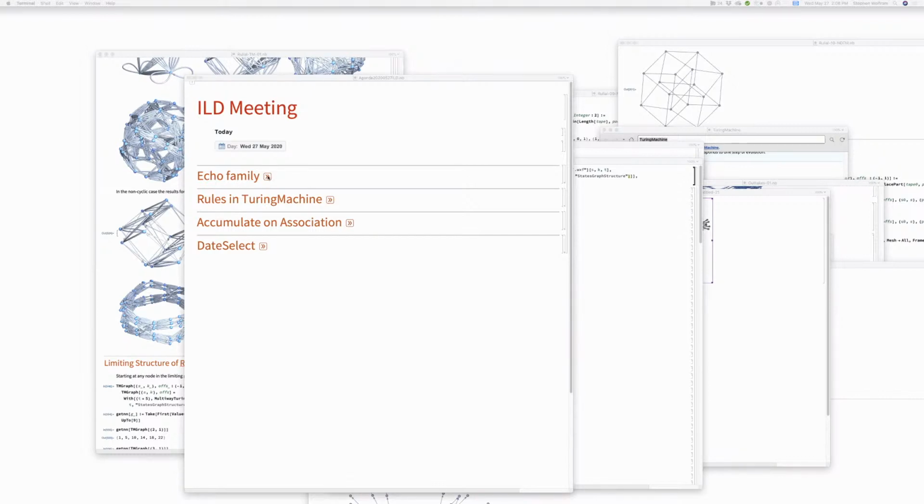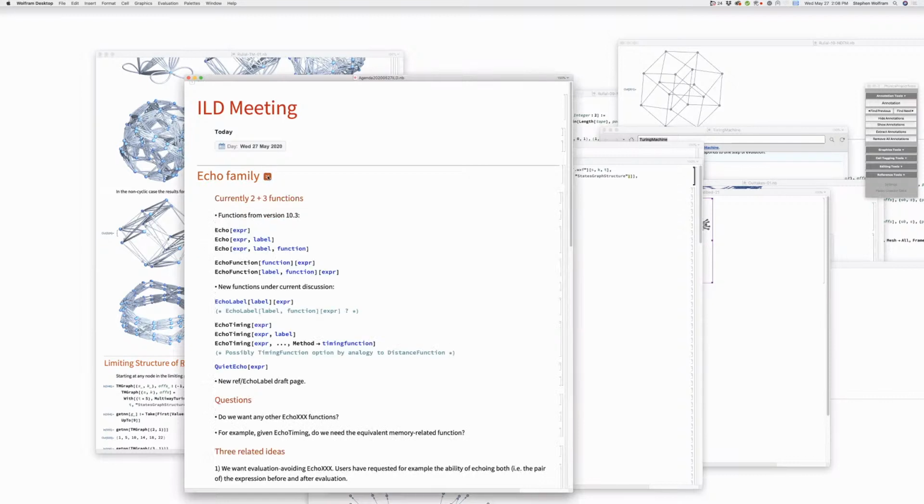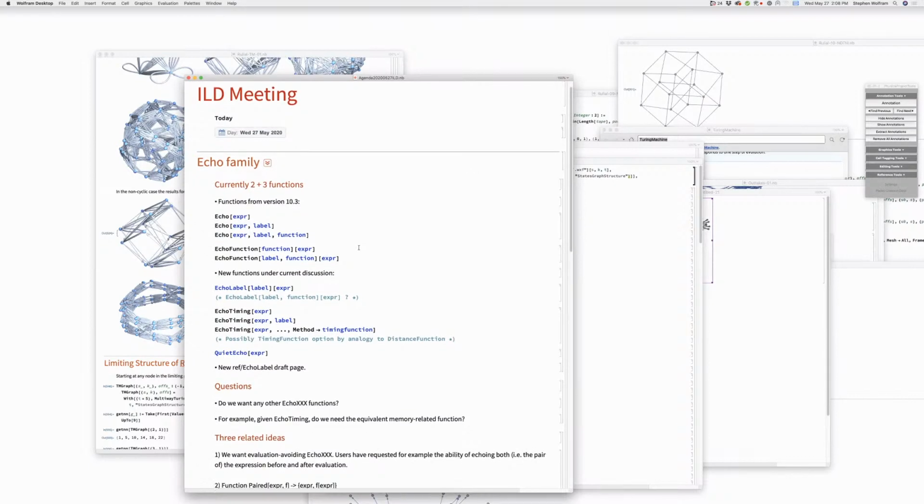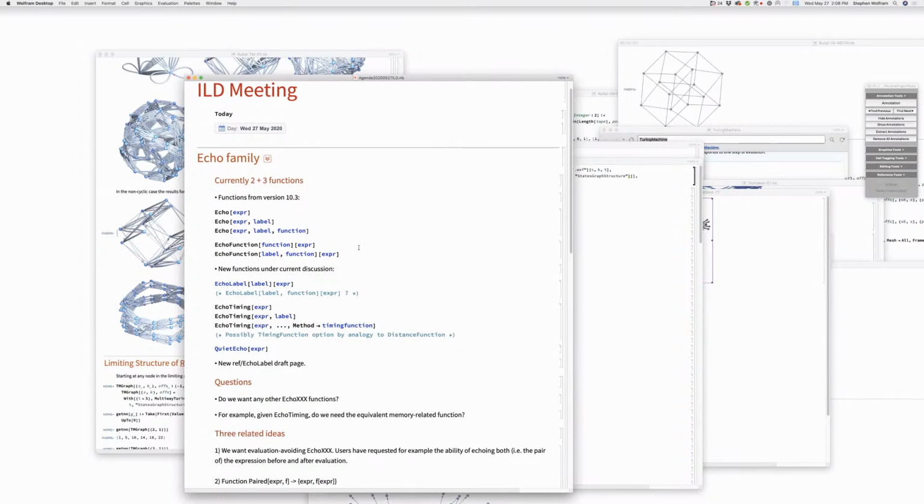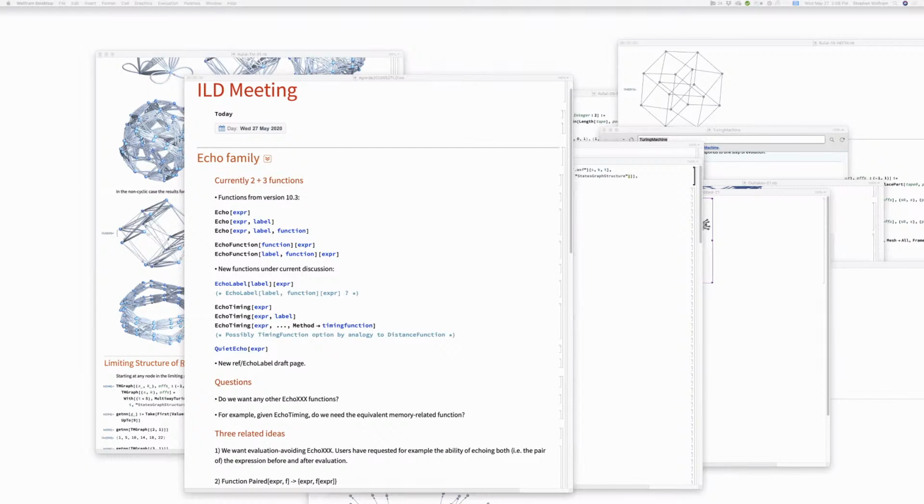Okay, today we are starting off with the echo family. We currently have two functions, Echo and EchoFunction, with that structure. And we are right now thinking of adding EchoLabel, EchoTiming, and QuietEcho.